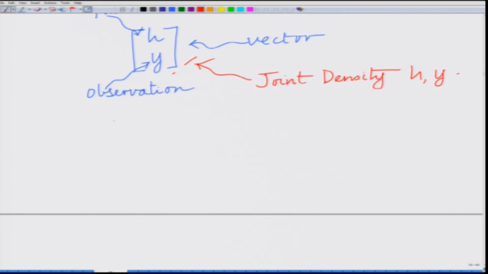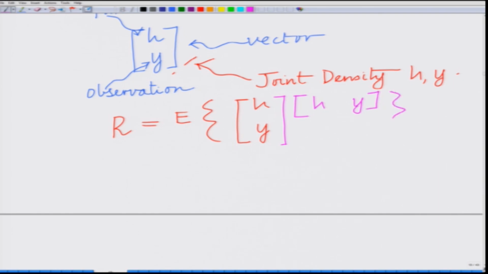Towards this end, let us define the covariance matrix R of this vector as the expected value of the vector [h y] times its transpose, which is the expected value of the matrix with entries h square, h y, y h, y square.